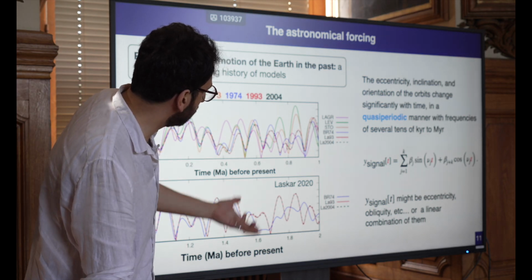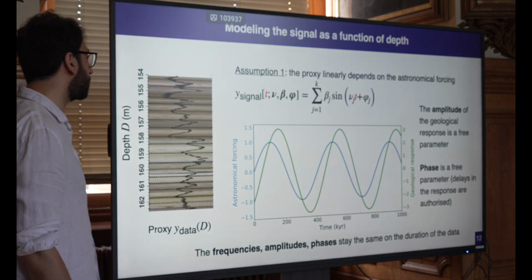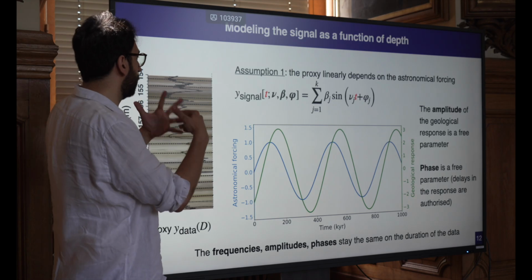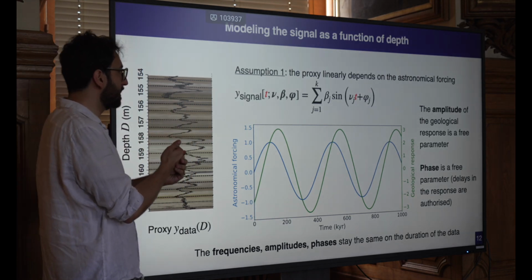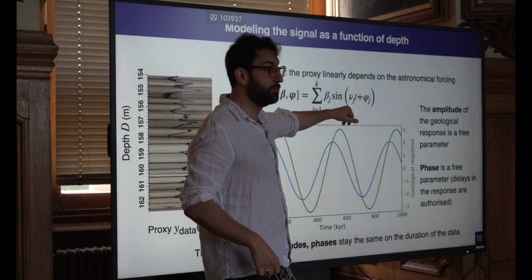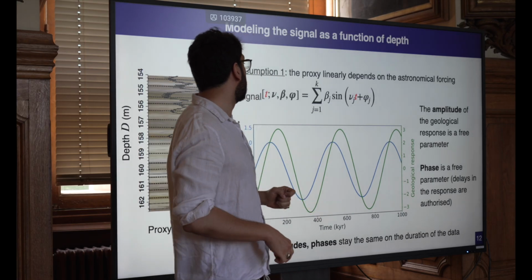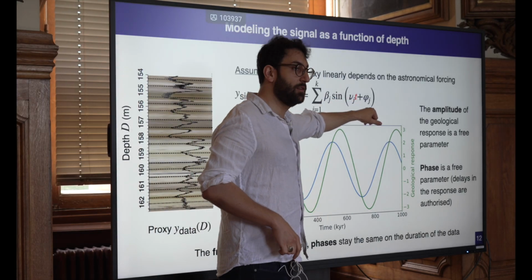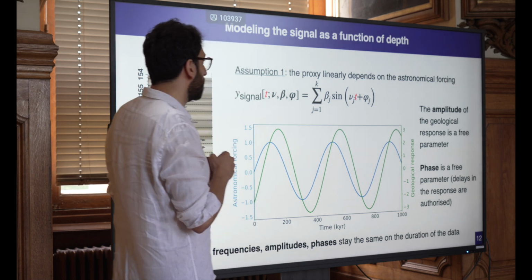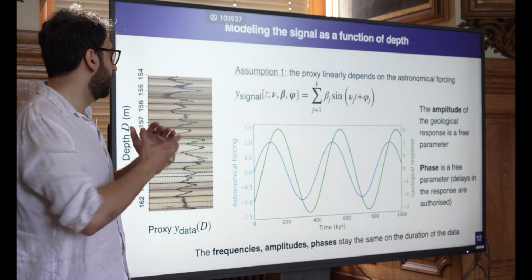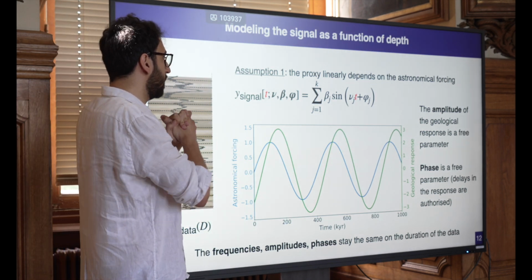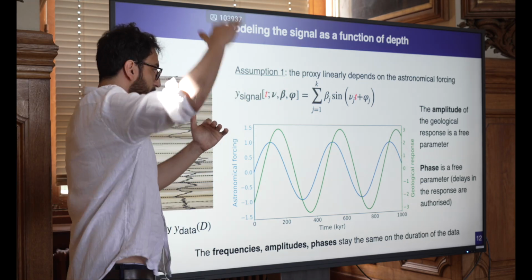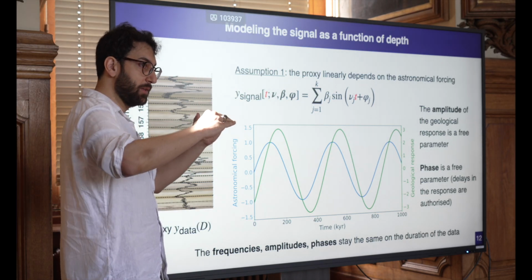So you want a quasi-periodic model. Another way to represent this quasi-periodic signal is a sum of sinusoidal signals which have different frequencies, different amplitudes, and different phases. What does it mean? It means that the amplitude of the geological response is a free parameter.